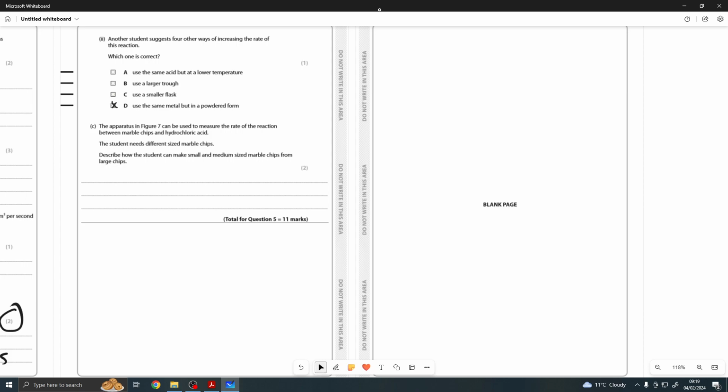C very kindly asks you, it says the apparatus in figure 7 can be used to measure the rate of reaction between marble chips and hydrochloric acid. The student needs different sized marble chips. How can the student make smaller marble chips from large chips? Okay, 2 marks.